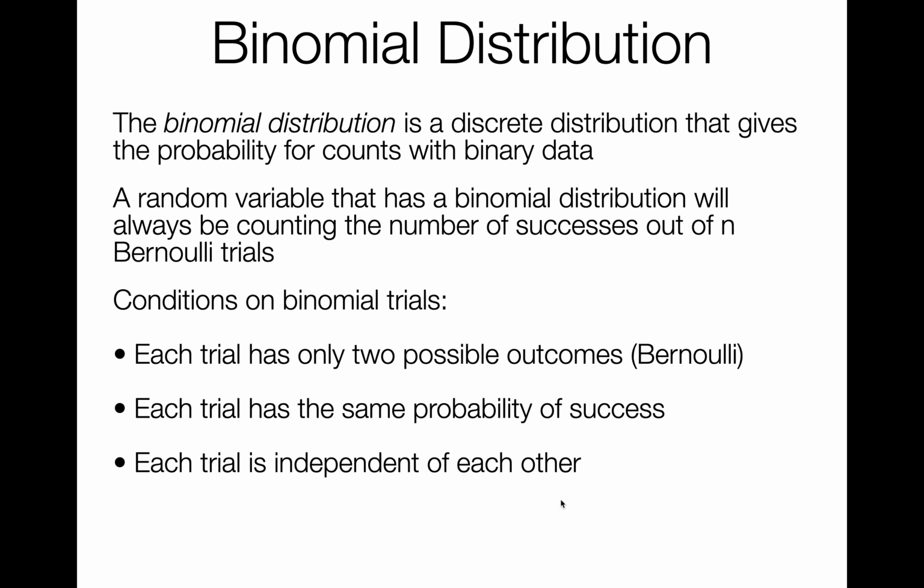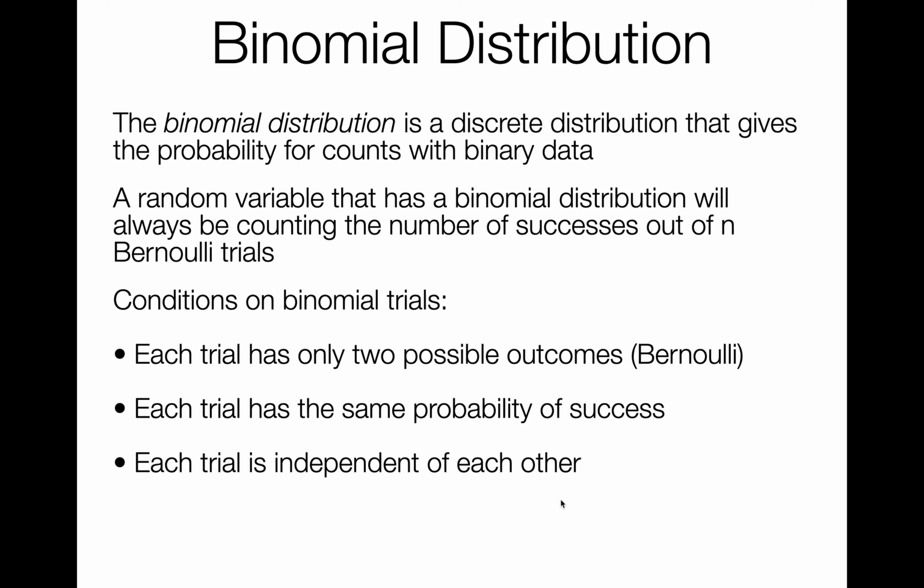So there are three conditions that need to be met in order for us to be able to use the binomial distribution. The first is that each trial has only two possible outcomes.